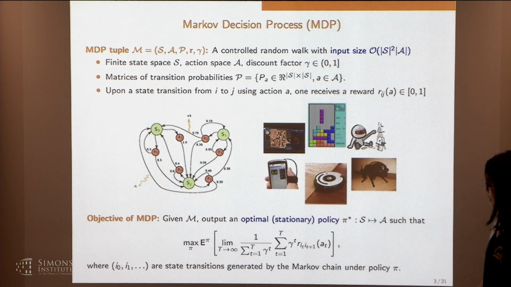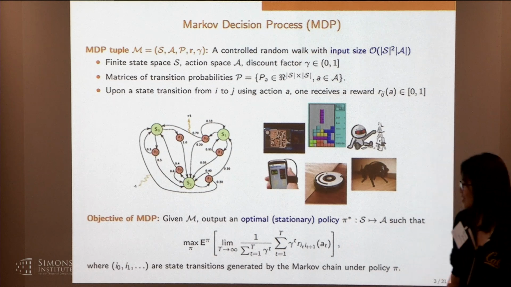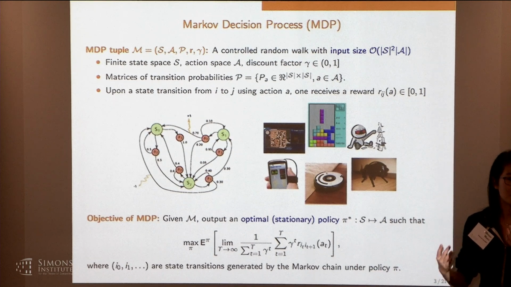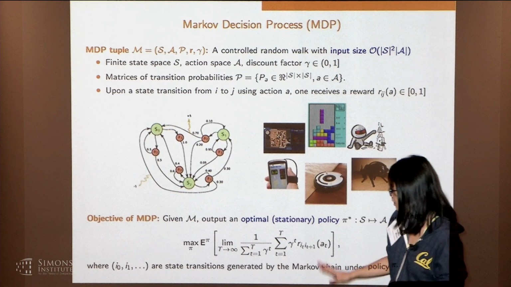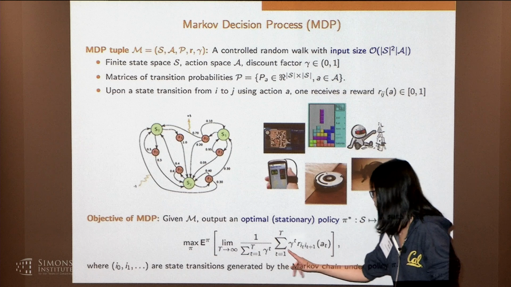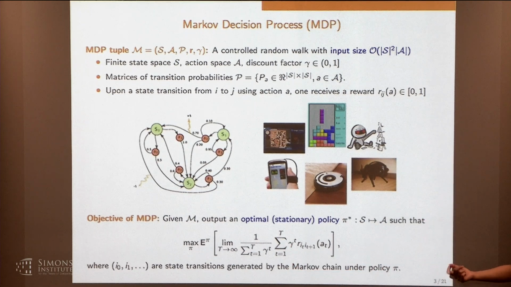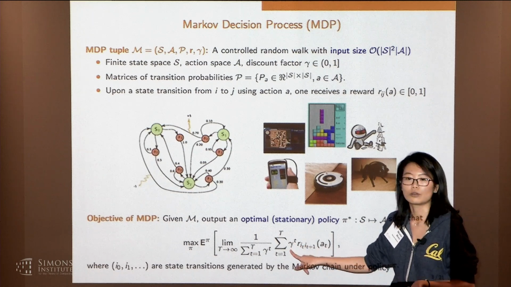So mathematically speaking, the objective is here. Here I'm using a mixed objective so I can accommodate both the discounted case and the undiscounted case. In the discounted case, essentially we're going to add a discount factor to penalize future rewards in order to make sure that the overall problem is contracted in a nice way. And in the more general case, without discount factor, gamma would equal 1.